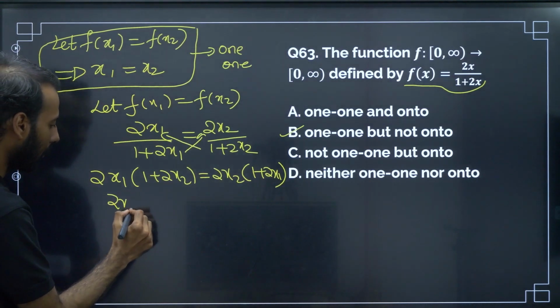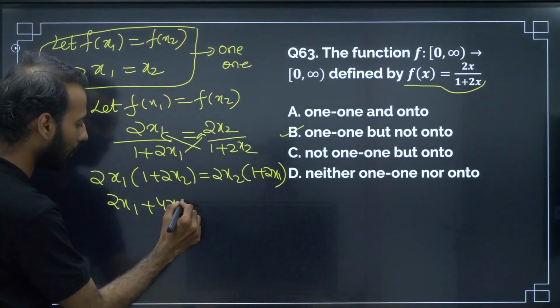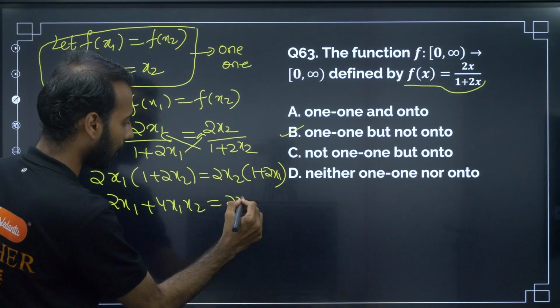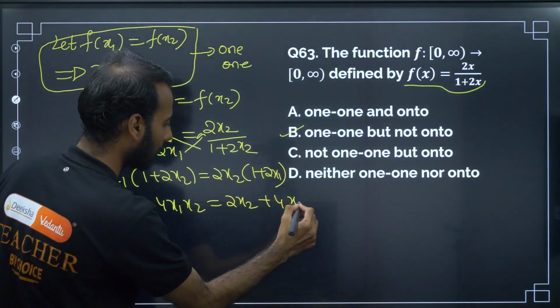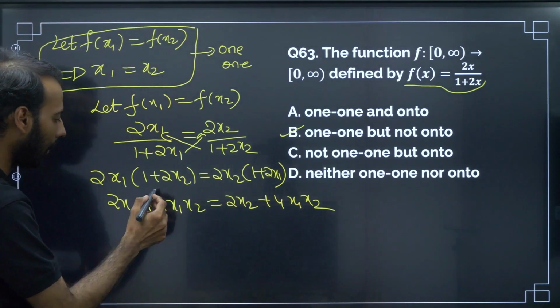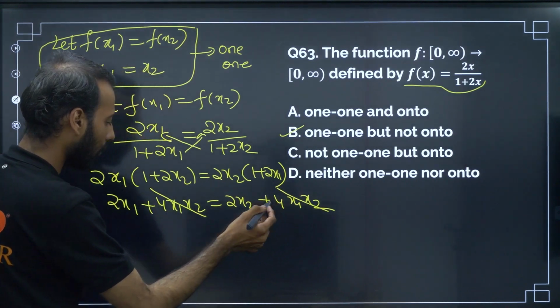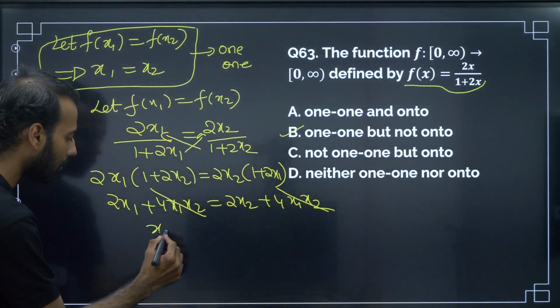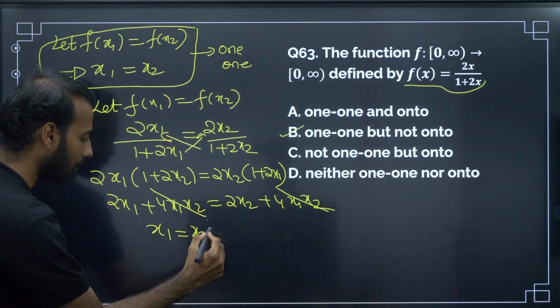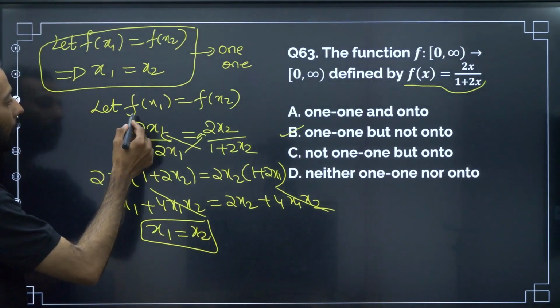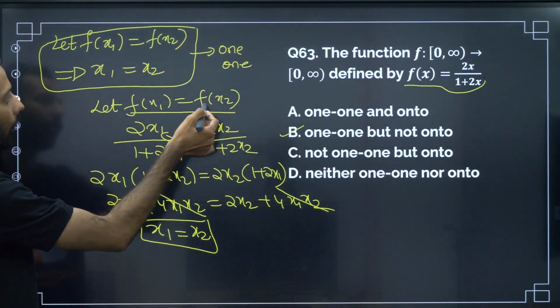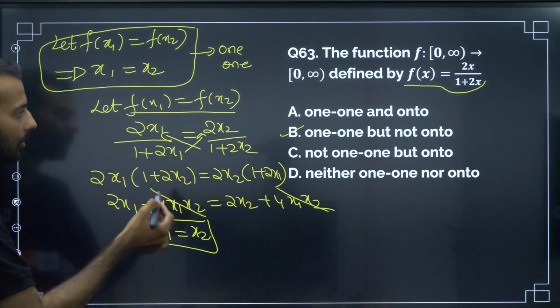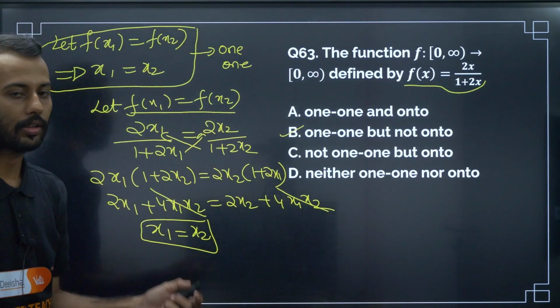So 2x1 plus 4x1x2 is equal to 2x2 plus 4x1x2. Let me cancel off 4x1x2 on both sides. 2x1 is equal to 2x2, x1 is equal to x2. So we started with f of x1 equal to f of x2 and came to a conclusion of x1 equal to x2. That means the function is 1-1.